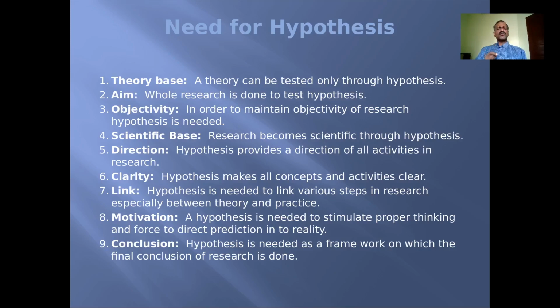In order to maintain objectivity of the research, we certainly need one or more hypotheses. Again, we have to remember, as the number of objectives increases, the number of hypotheses also naturally increases. So the hypothesis basically depends on the objective of the study.